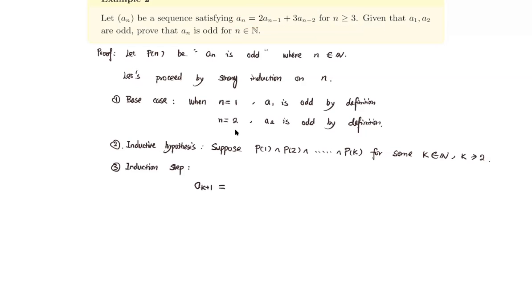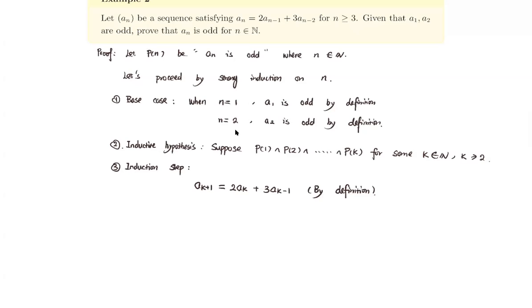So that equals 2 times a(k) plus 3 times a(k-1). This is by definition. And you check what your k would be using this. So it could be k greater than or equal to 3, could be k greater than or equal to 2, so you plug it in.